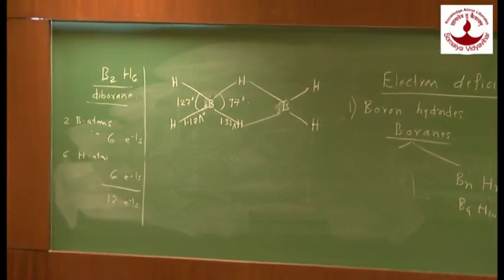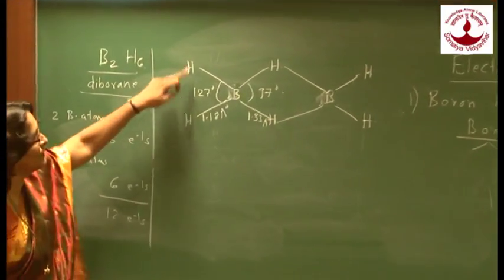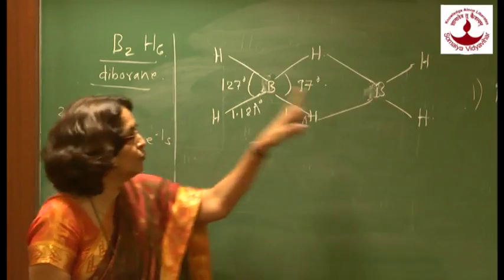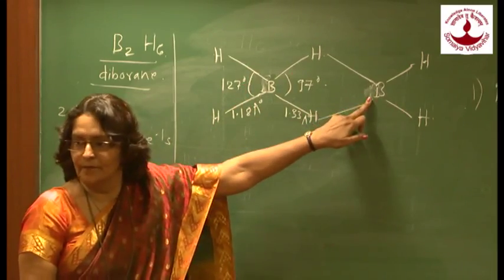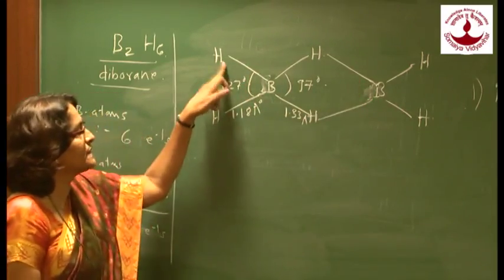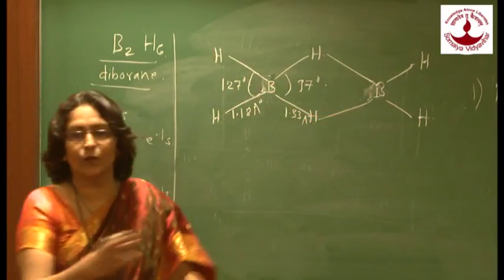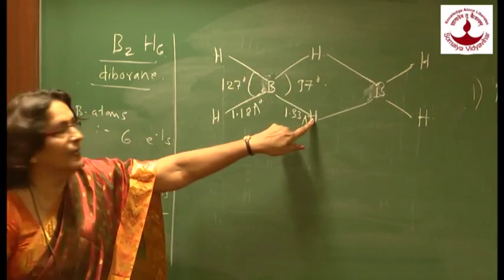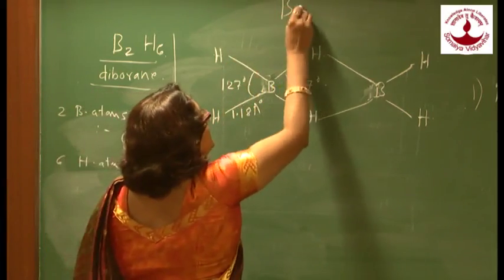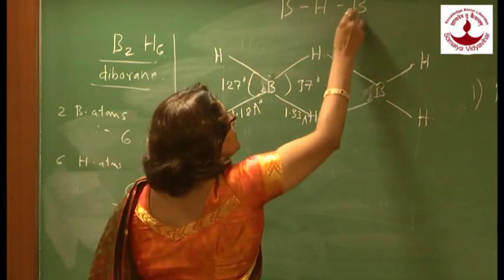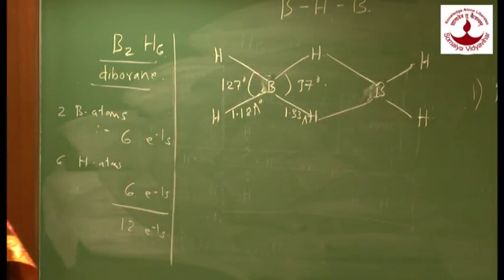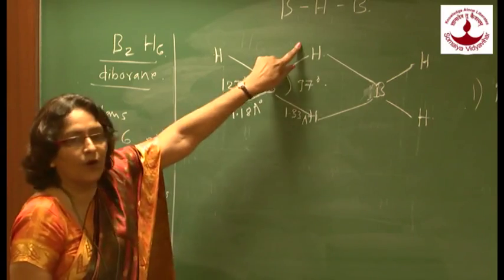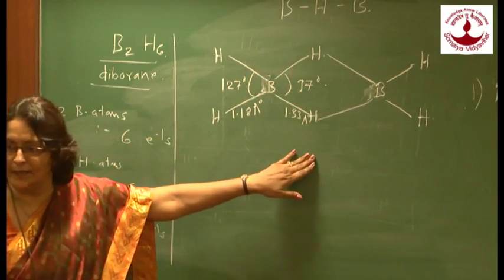So, in the diborane molecule, there are 4 terminal hydrogen atoms which are bonded to 2 boron atoms. These 2 boron atoms and 4 hydrogen atoms are coplanar, and the remaining 2 hydrogen atoms are involved in the formation of the BHB bridge, and hence these 2 hydrogen atoms are called bridge hydrogen atoms.